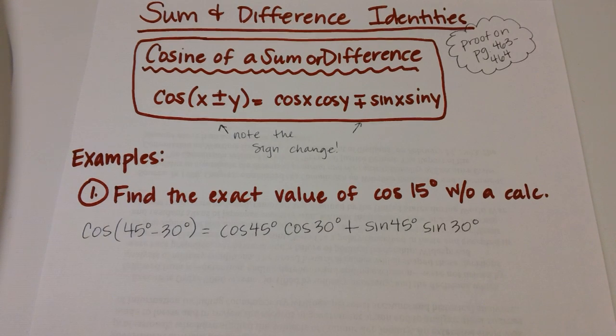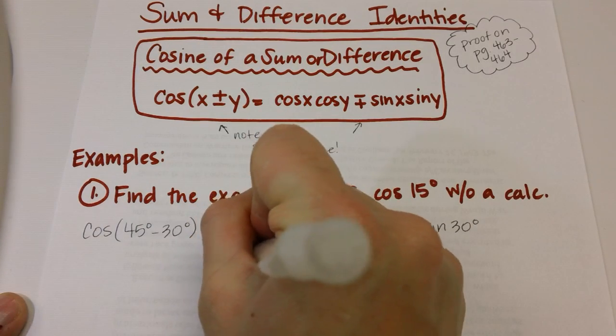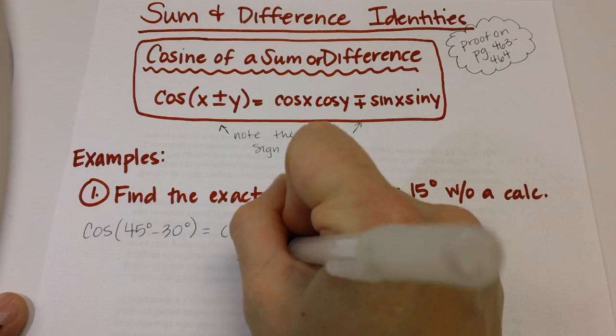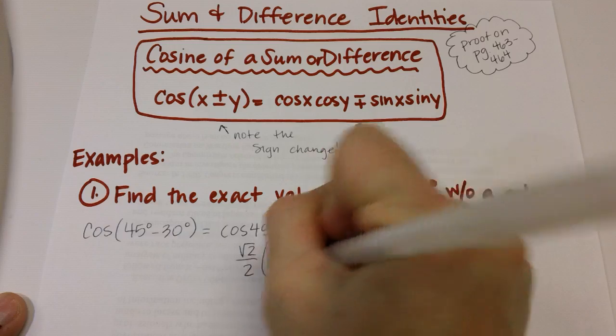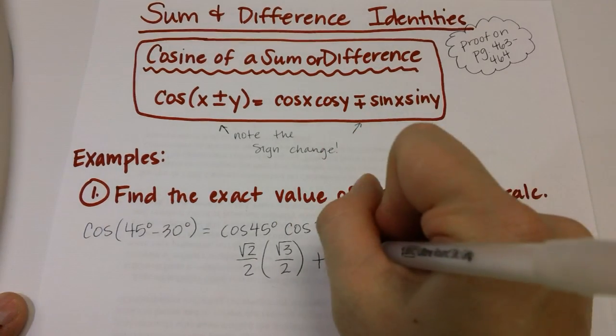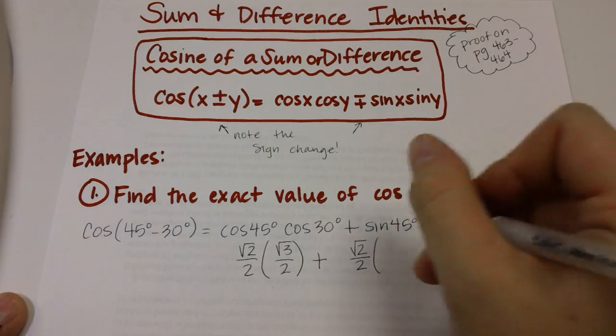All right, from our unit circle, we know the cosine of 45 degrees is the square root of 2 over 2. And we know that the cosine of 30 degrees is the square root of 3 over 2. And then we are adding this to the sine of 45, which is the square root of 2 over 2, times the sine of 30, which is 1/2.